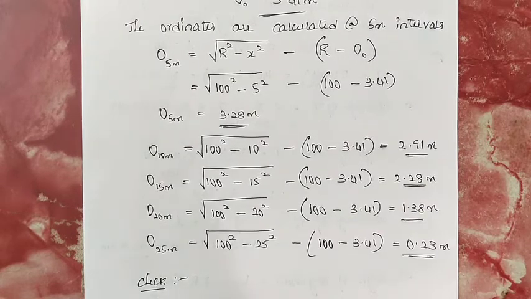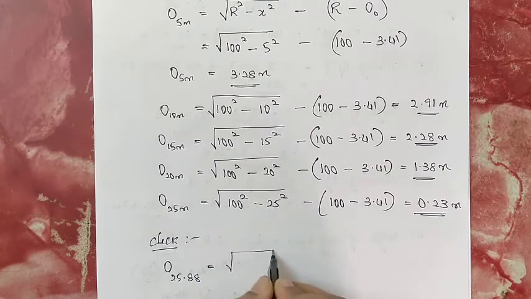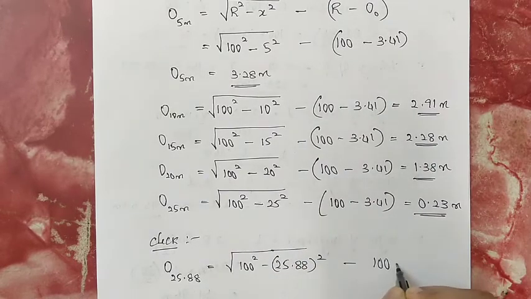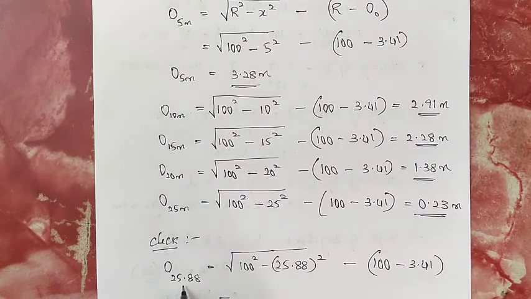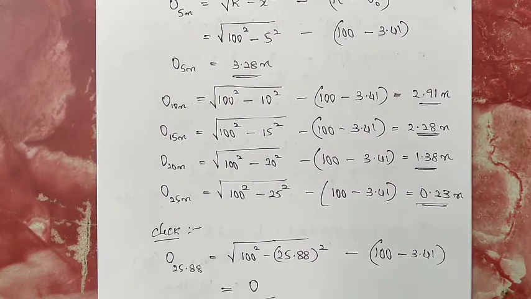Calculate the offset at 25.88: square root of 100 square minus 25.88 whole square, minus 100 minus 3.41. Upon simplification, the offset at 25.88 meter you will get as 0. Okay, thank you.